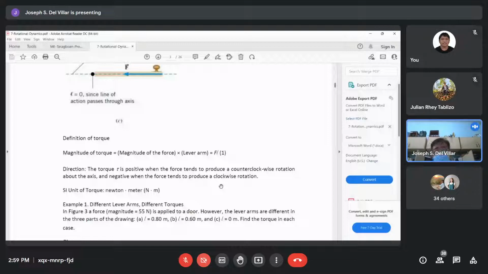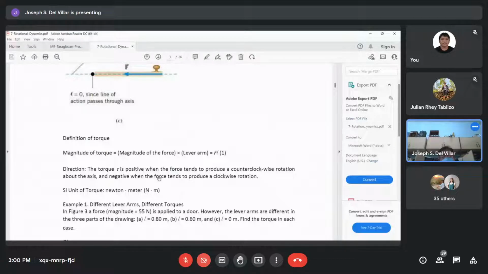So Newton is the force, lever arm is meter. So Newton meter ang unit of torque. Okay? Now, if it already reaches thousands, then kilonewton meter. Okay? Now, in English units, it is pound force. Okay? So, pound force times feet, so pound foot. Okay? Or foot pounds, yung unit of torque. Or kilopound feet, kung thousands of feet na.